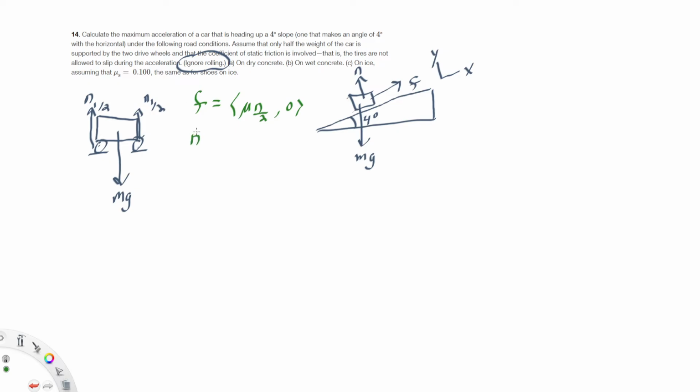The normal force is going to be just in the y direction. And the weight is going to be mostly in the y direction.